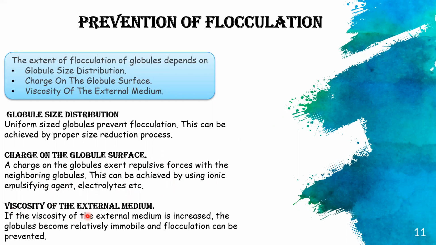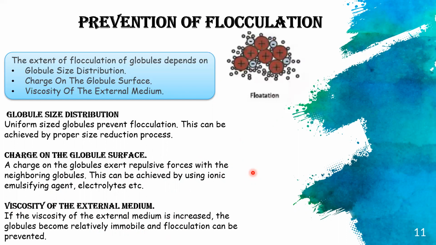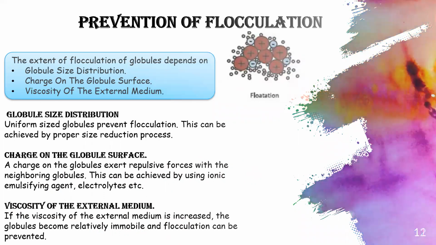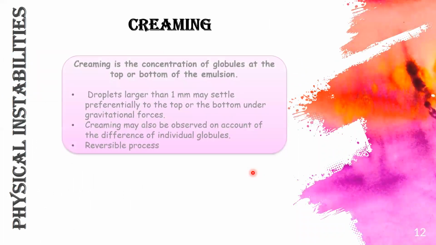As for the viscosity of the external medium, if we increase it, the globules become relatively immobile and flocculation can be prevented. This is obtained by adding viscosity modifying agents such as thickening agents, which can be hydrocolloids or waxes. The flocs slowly move either upward or downward, and it can lead towards creaming. So what is creaming?